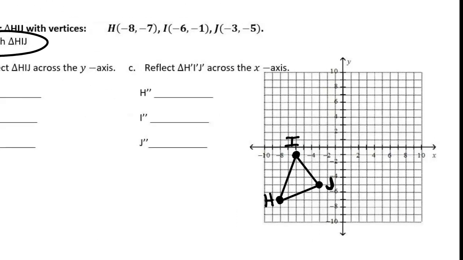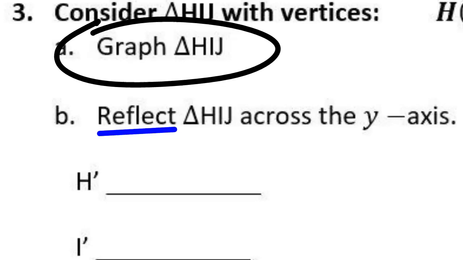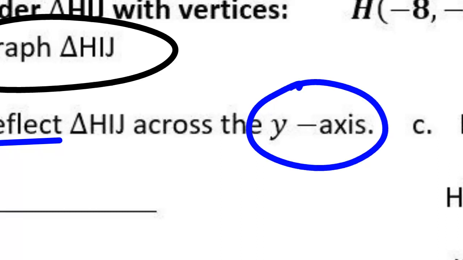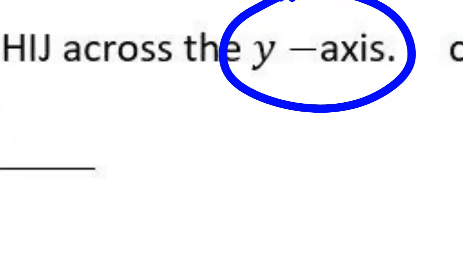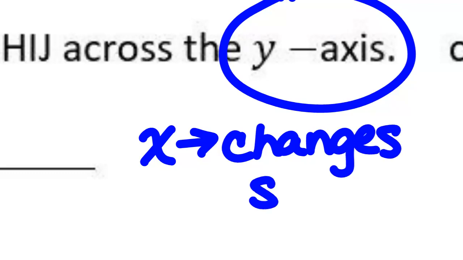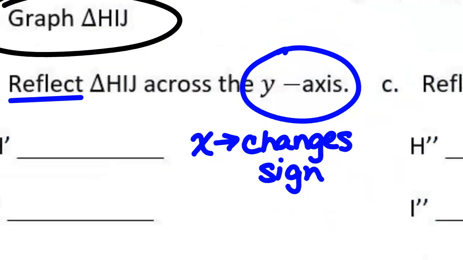We're going to take triangle HIJ and we are going to reflect it across the y-axis. So if I'm reflecting across the y-axis, what changes, what stays the same? X changes. And y stays the same.